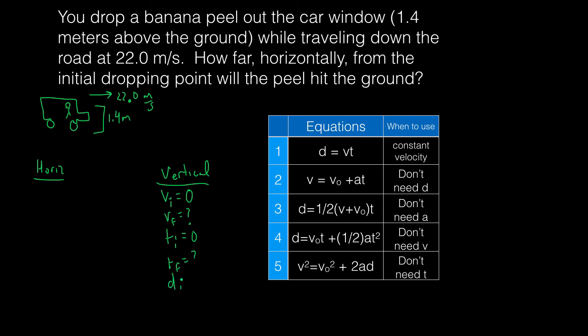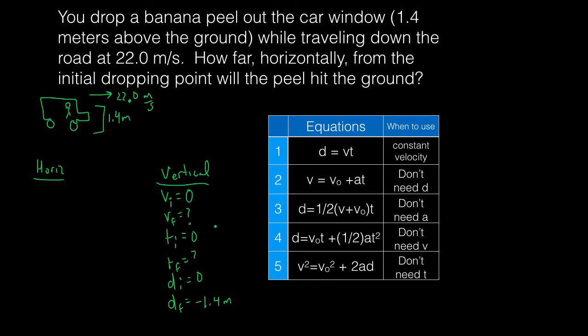Displacement initial vertically, that point at which you release the banana peel, I'm going to call 0. And then displacement final is how far it moves down. It told us that the displacement was 1.4 meters. But remember that banana peel is falling down, so I'm going to call that a negative 1.4 meters below where it started from.